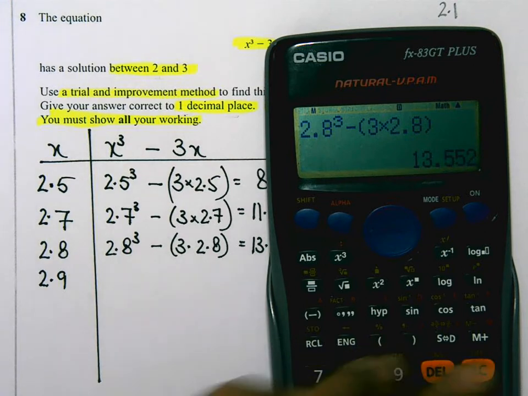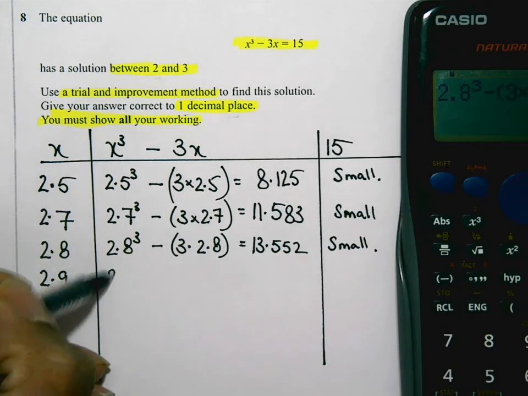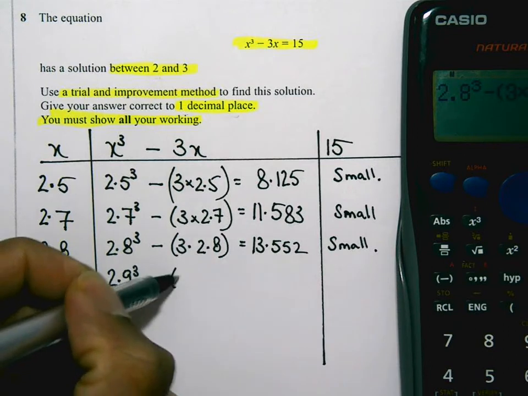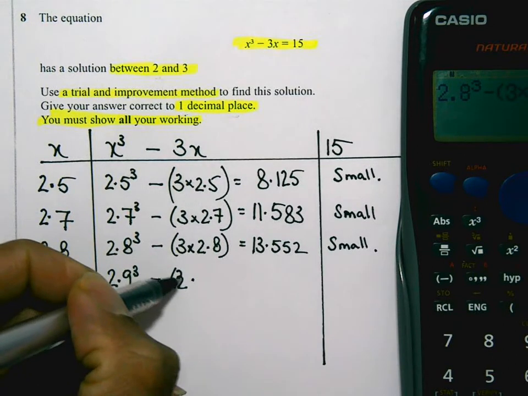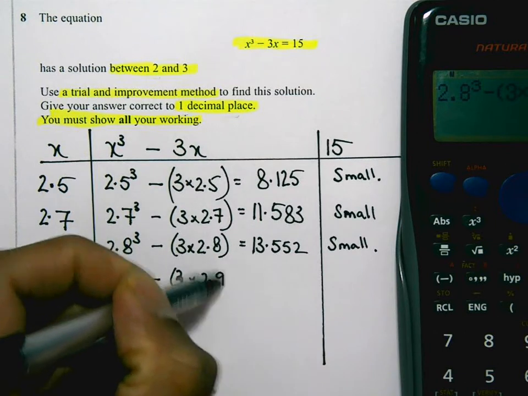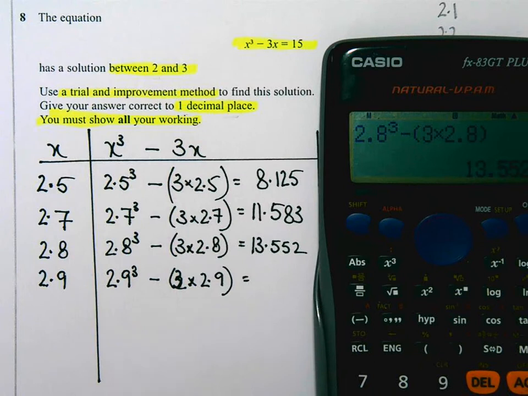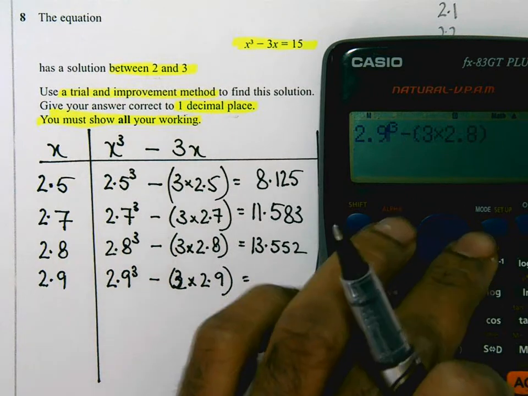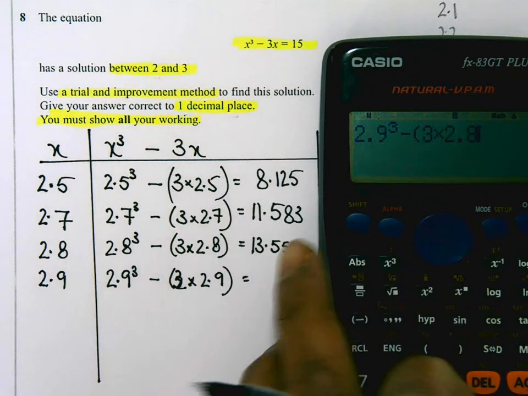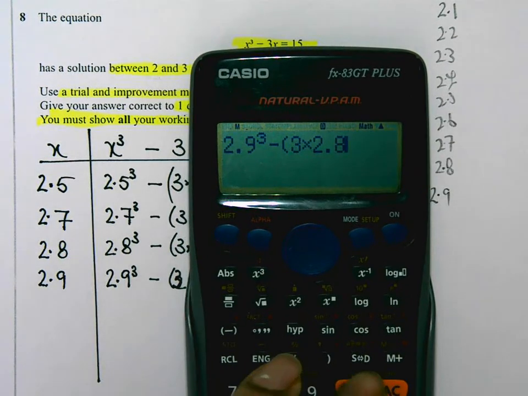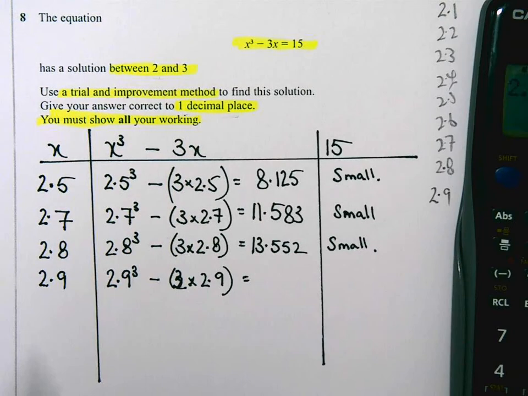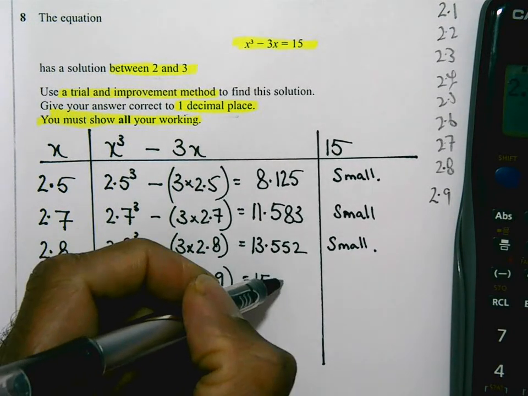Let's write it down first. That's 15.689, and that's too big.